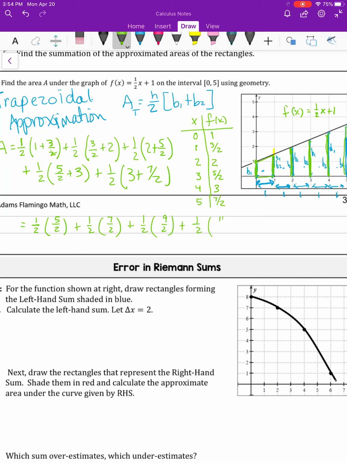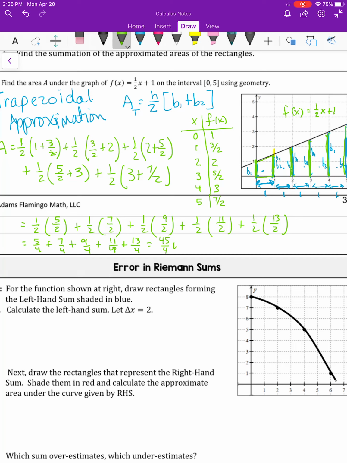And so this gives me 1/2 times 5/2, plus 1/2 times 7/2, plus 1/2 times 9/2, plus 1/2 times 11/2, and plus 1/2 times 13/2.